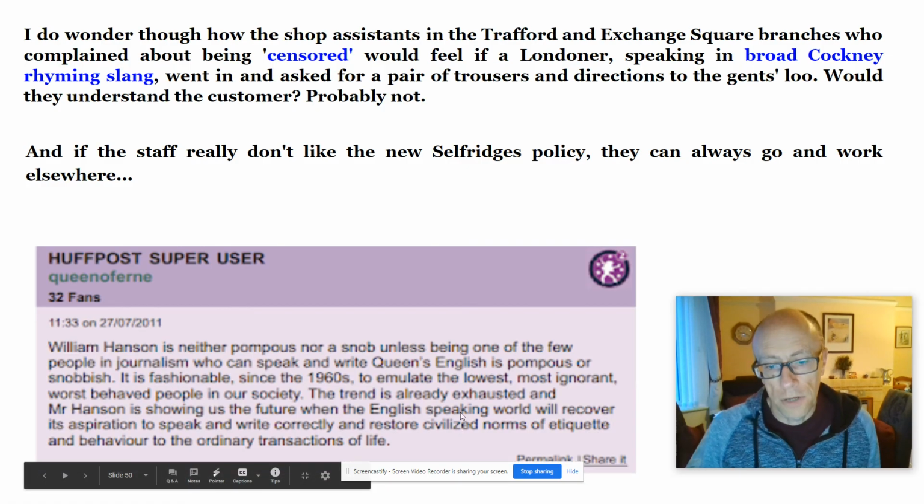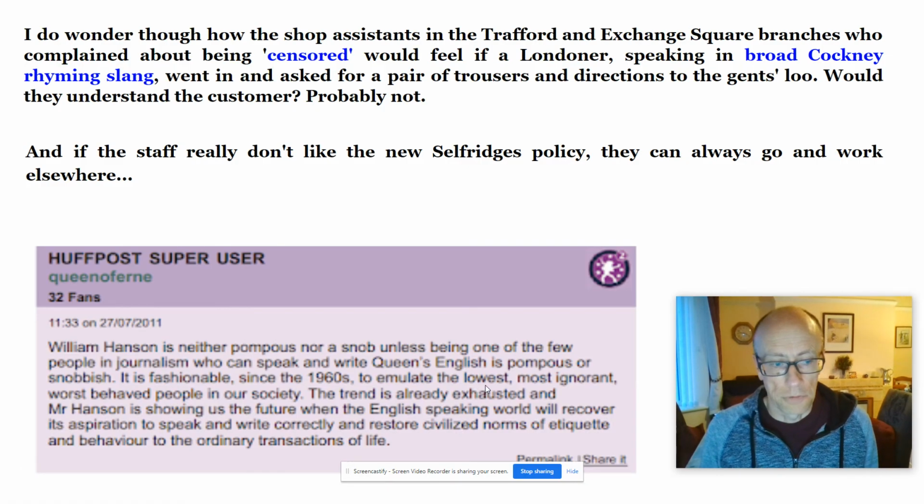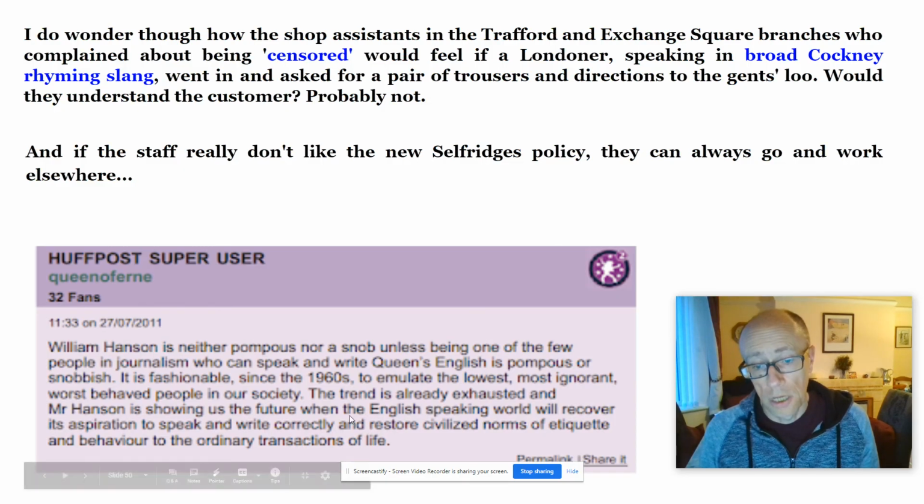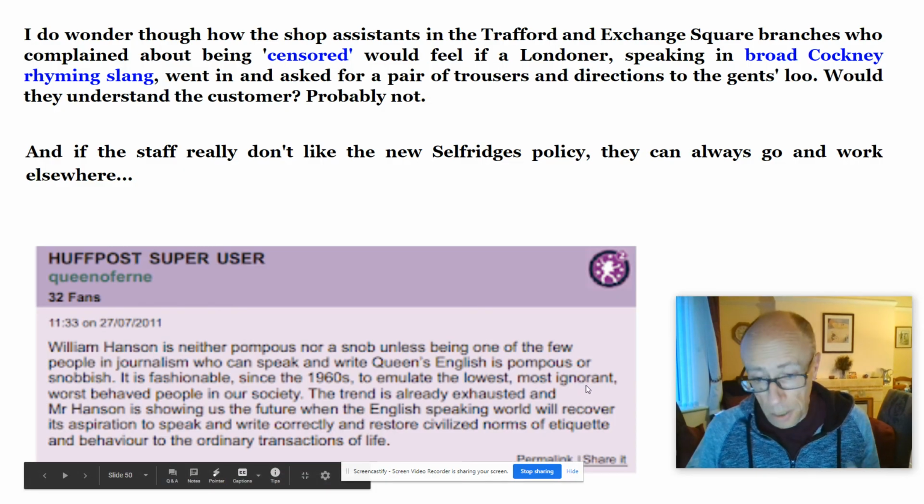And then we've got a fairly obvious rhetorical device being used here with a list of three and the use of the repeated superlative adjectives, lowest, most ignorant, and worst behaved. And so what it's trying to do, I suppose, is link together non-standard forms of English with low levels of education and bad behaviour.